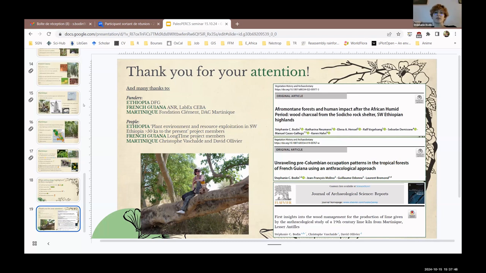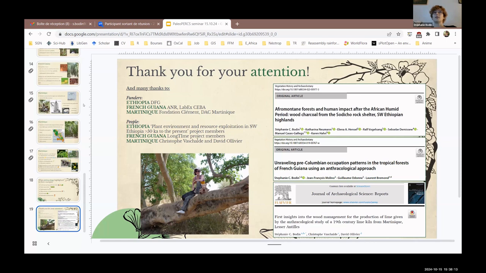Yeah, so the thing is, when you study a charcoal record, it's very important to have a good representation. So you need a lot of charcoal pieces to reconstruct something that makes sense, because you can't reconstruct paleovegetation based only on a few pieces, of course. And the more taxa you can get, the better.